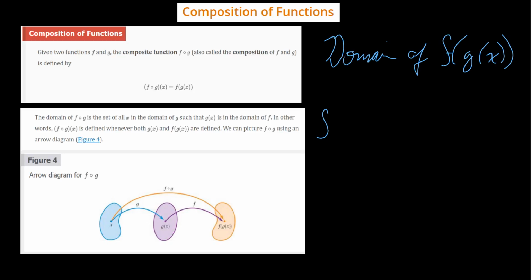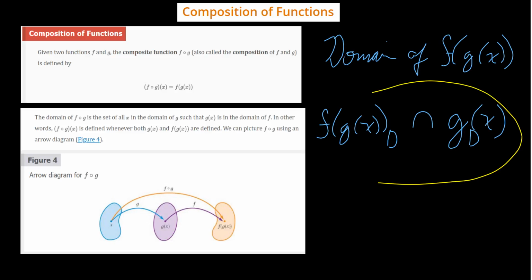Not just the domain of f. It's going to be the domain of f of g of x, with a little d down there, intersected with the domain of g of x. Okay, so this is written in better words, better notation.